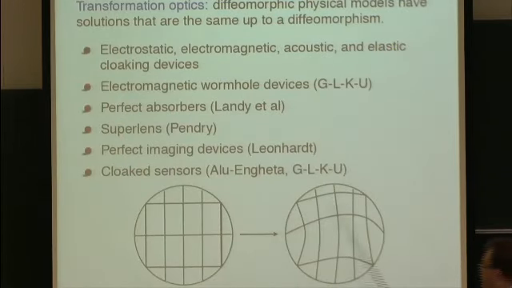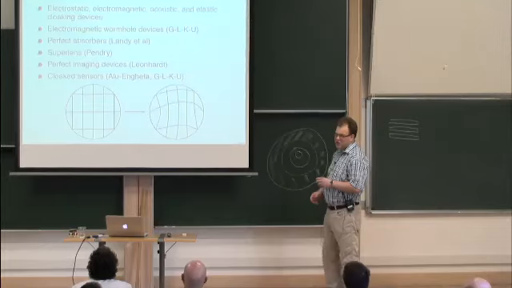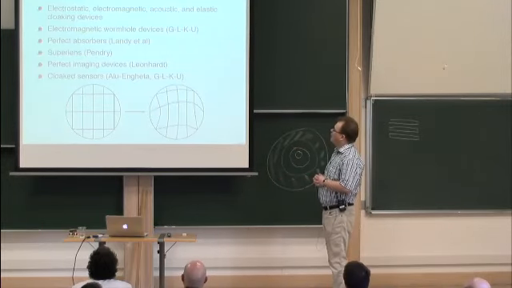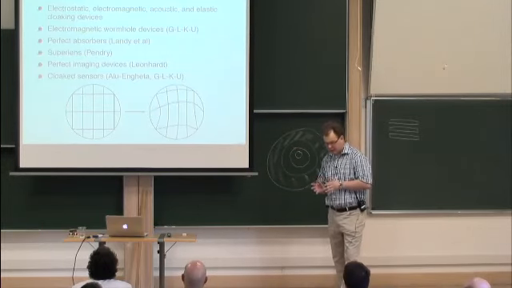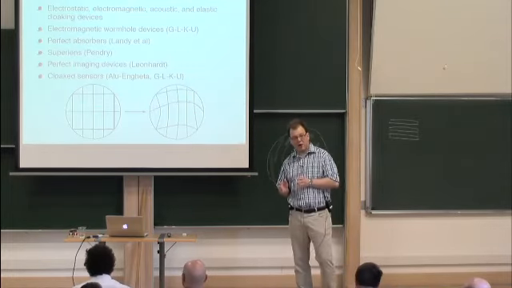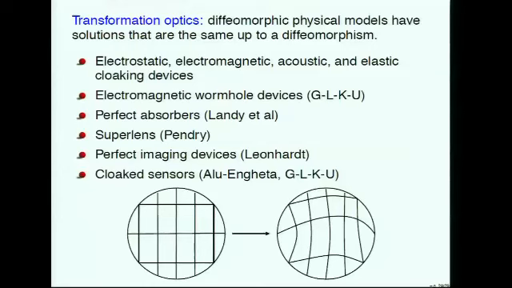Yes, finally, I would like to make a short comment, because this is a typical transformation optics construction. And transformation optics just means that if we take diffeomorphic physical models, then the solutions are the same up to a diffeomorphism. And there have been numerous suggestions to build different types of devices, different types of cloaking devices.